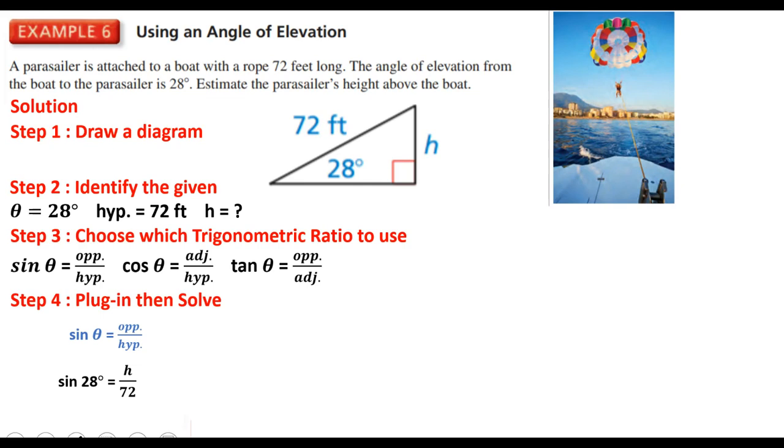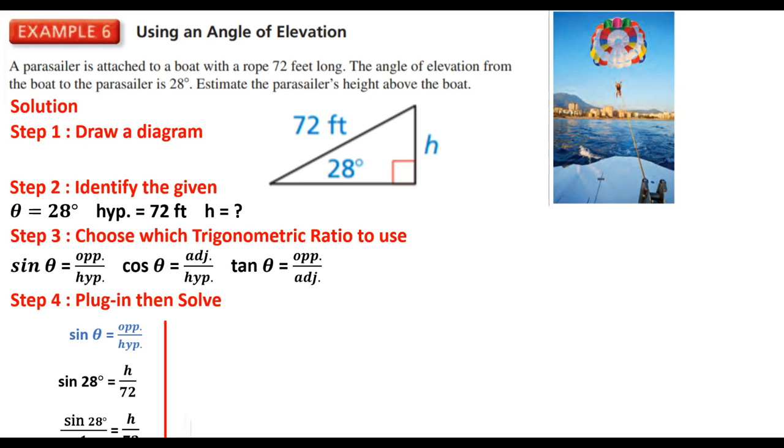So plug in. Our theta is 28 degrees. That's your reference angle. Your opposite is your h, which is the problem, which is the height. And then over your hypotenuse, which is 72 feet. So from there, express both sides as ratio. So just place over 1 to the left side. Now we do cross product.